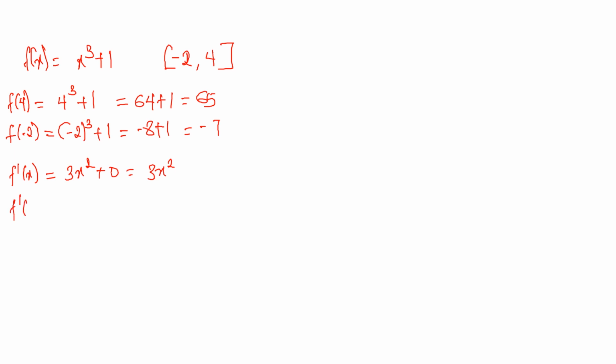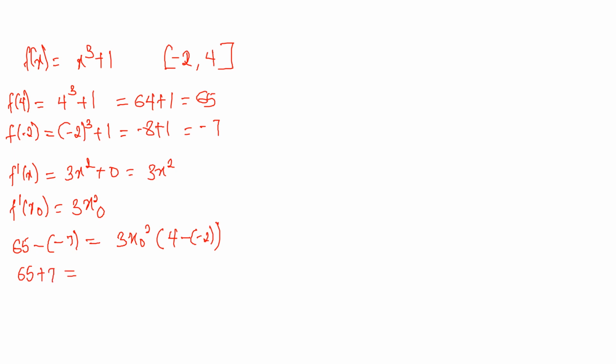Then your f prime of x naught is going to be 3x naught squared. Then using that formula, f of 4 minus f of minus 2, which is 65 minus minus 7, is equal to 3x naught squared into 4 minus minus 2. So we are going to have 65 plus 7, because minus times minus gives you plus, equal to 3x naught squared into 4 plus 2.